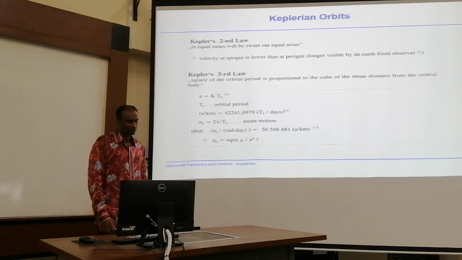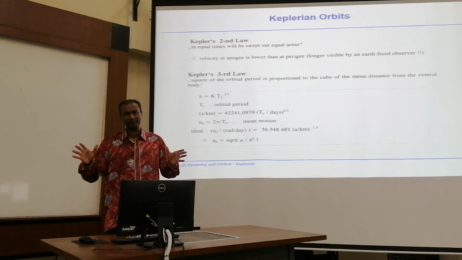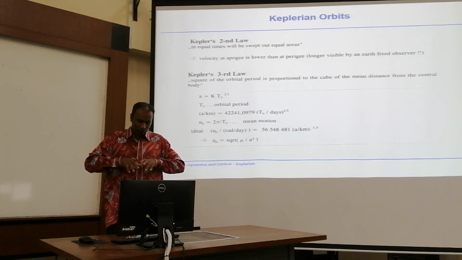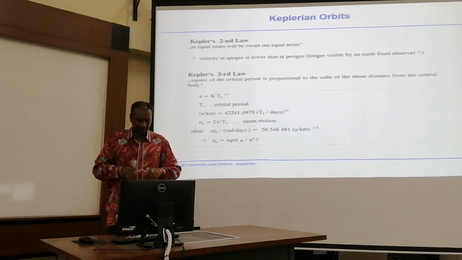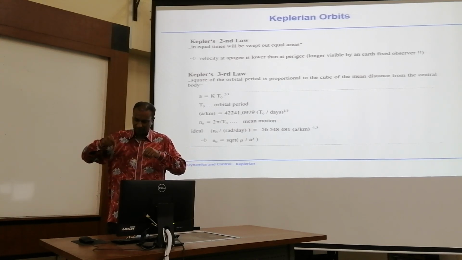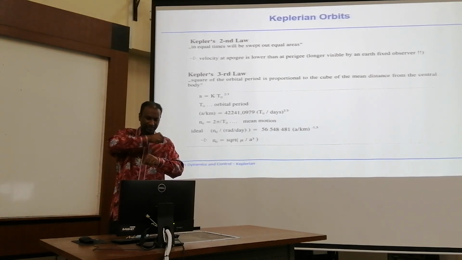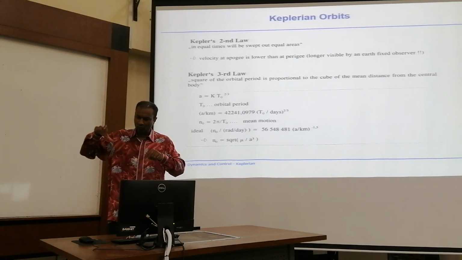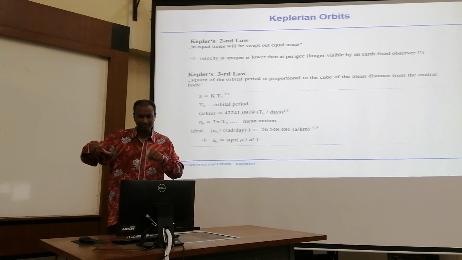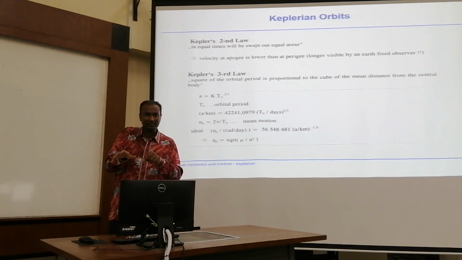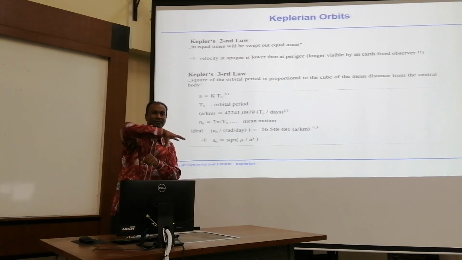Kepler's second law, equal time equals space, means that if you look at an orbit, if you draw a two-dimensional pattern, you can see that when you have an orbit, as the body moves from one point to another point, if you calculate the time and the particular area, it should have an equality with another part.